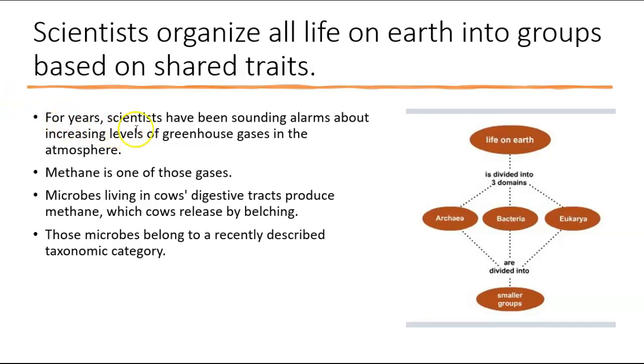But for years, scientists have been sounding alarms about increasing levels of greenhouse gases in the atmosphere, including methane. And how does that relate to biology and taxonomy? There are microbes, bacteria that live in the digestive tracts of cows, and they produce methane.